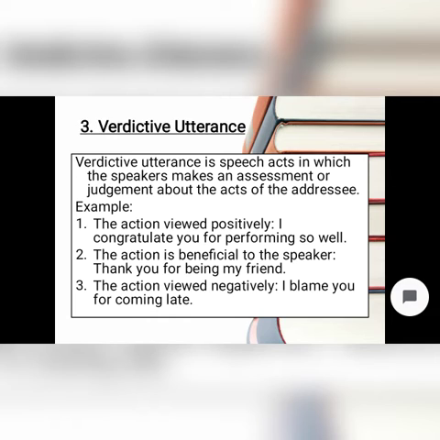Example: I congratulate you for performing so well. Next, the action is beneficial to the speaker, like thank you for blah blah blah and grateful to you for blah blah blah. For example, thank you for being my friend.